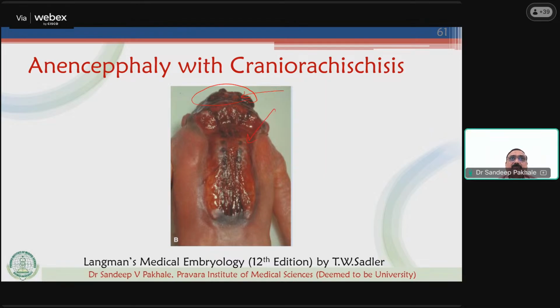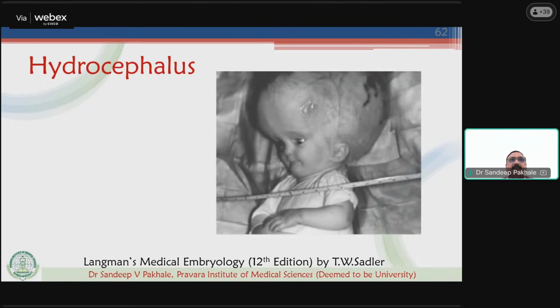So there is failure of closure of the entire neural tube. This produces a continuous open defect involving both the brain and the spinal cord, resulting in the most extreme form of neural tube defect. Both conditions are incompatible with life, highlighting the importance of early neural tube closure and folic acid supplementation.